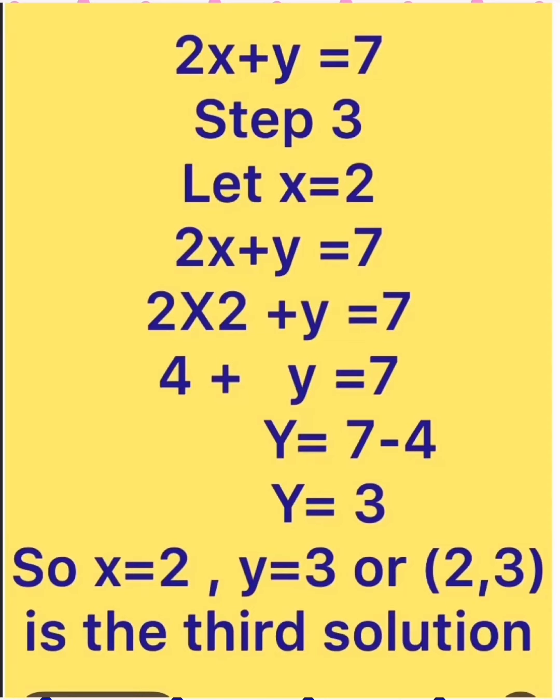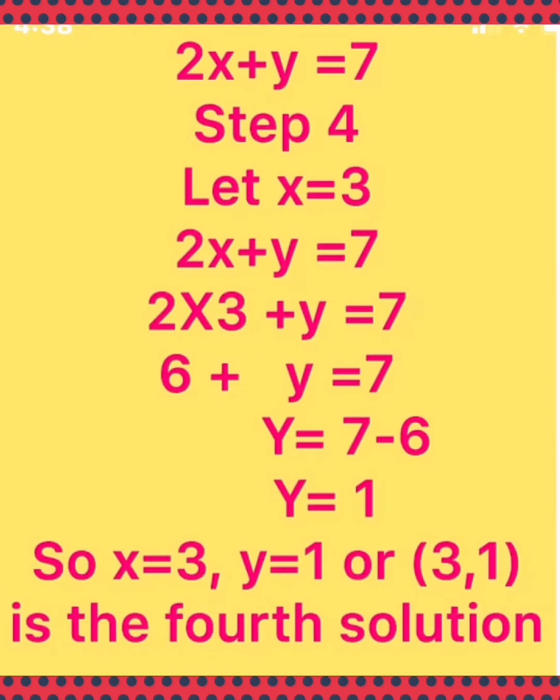Now children, I have to find the fourth solution. I have found 3 solutions. Now for the fourth solution, I will take x equal to 3. 2x plus y is equal to 7. Again, in this equation, I will put the value of x equal to 3. So 2x means 2 into x, or 2 into 3, plus y is equal to 7.